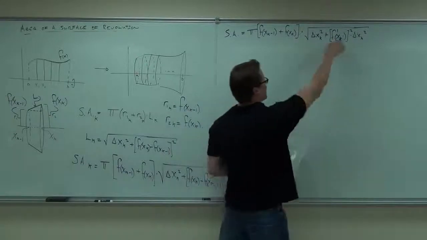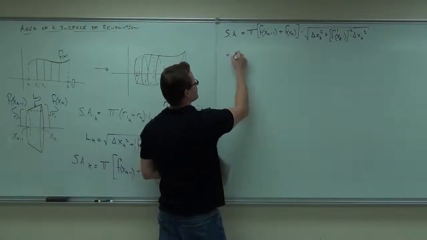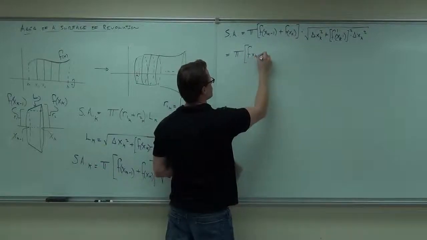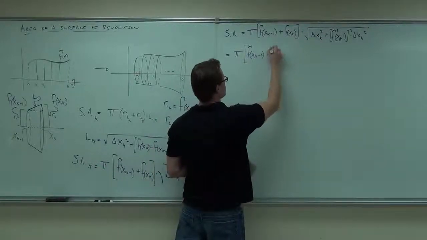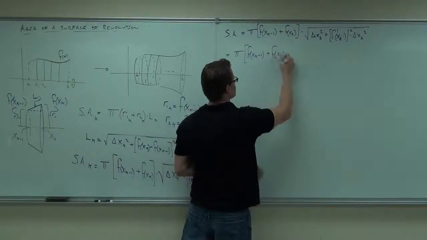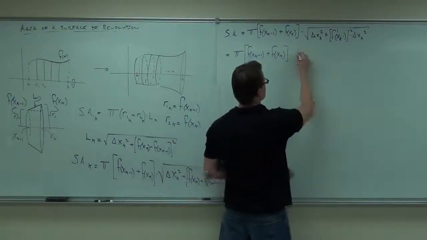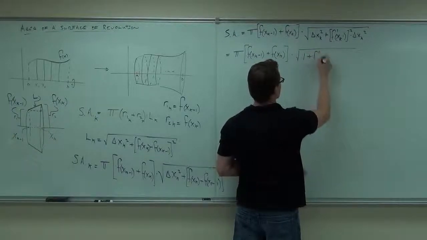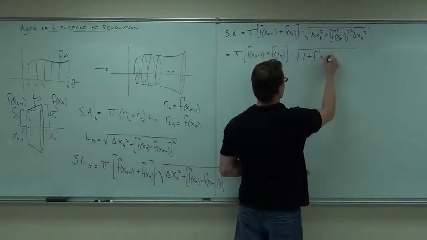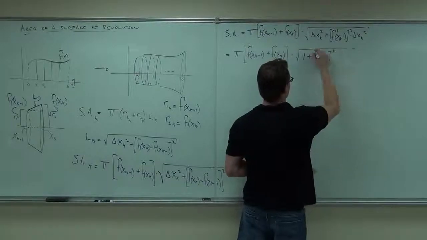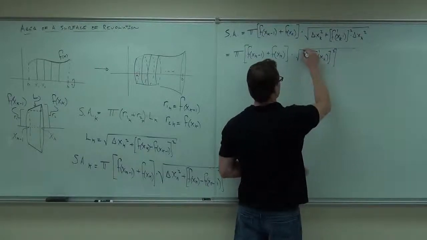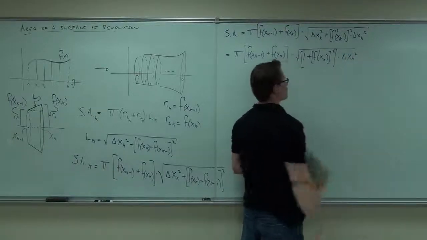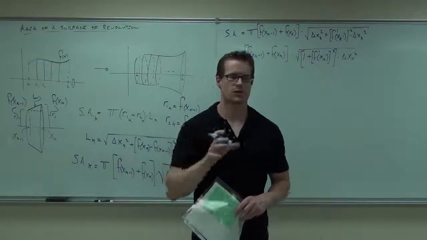So we'll factor out again. Notice that that's a square root of two things that are being multiplied together.